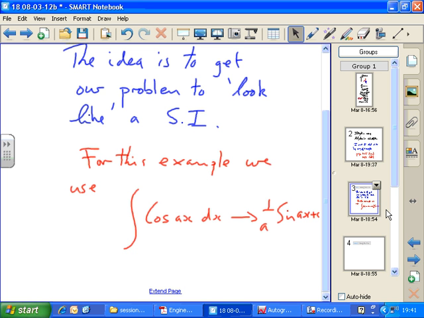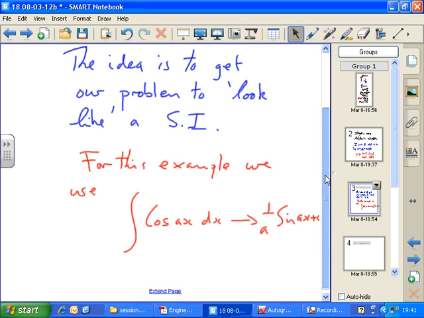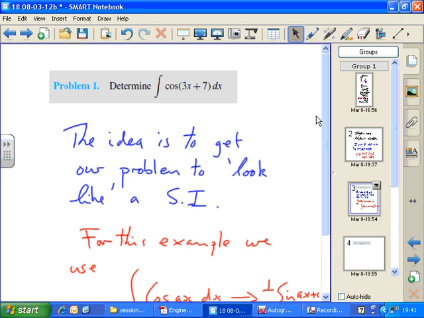So that's the one we're going to use. We want it to look like the cos of ax, where x is the variable and a is a constant. The trouble is, it doesn't exactly look like that. It's the cos of 3x plus 7 with respect to x. So this is not as straightforward. We can't compare it directly with the standard integral.